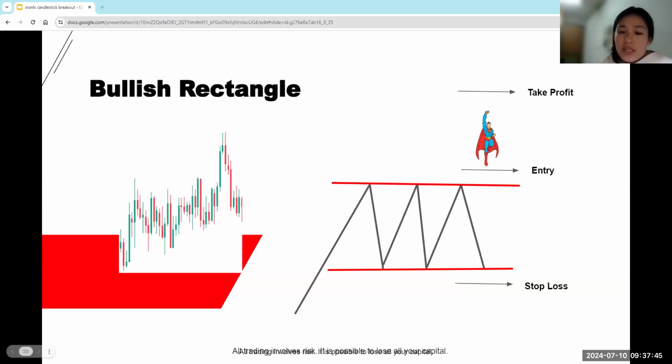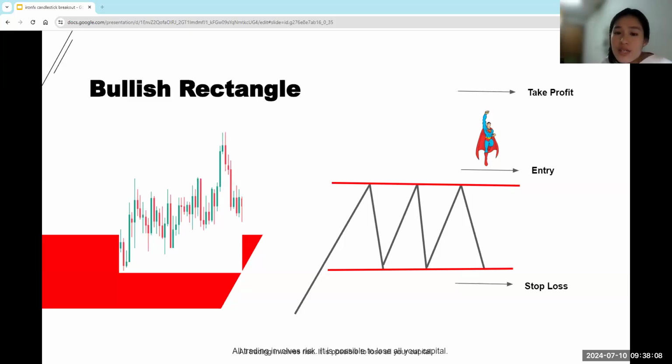So to spot the pattern in a price chart, you just have to wait for a strong price movement, followed by a move in the opposite direction, like we see here. Okay, so these rectangle or flag shapes signal a trend continuation.